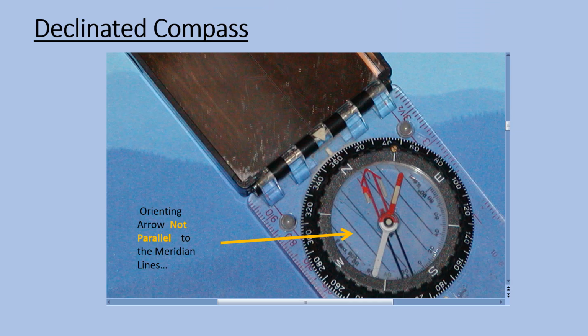When a compass is declinated, the orienting arrow is not parallel to the meridian lines in the base of the compass. In this example, the orienting arrow is set for a 20-degree east declination.